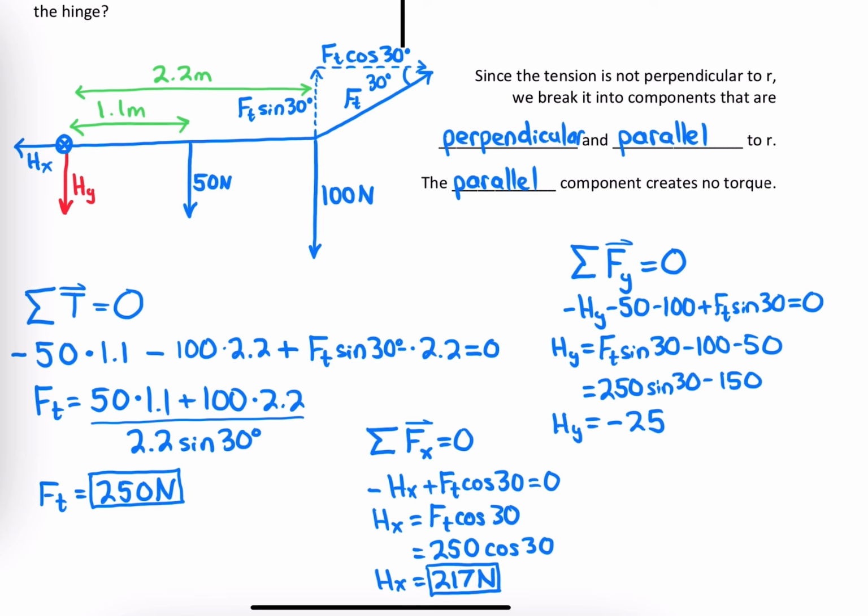So when I put vectors in, for Hy, for example, this minus was the direction and Hy was the magnitude. So when I solved for the magnitude, I got a negative number. And that makes no sense. A force can't have a negative magnitude.